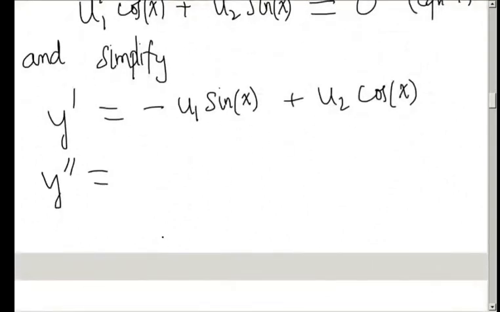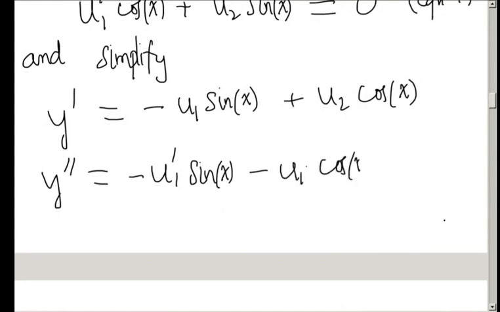We use the product rule again. So minus u1 prime sine x and then minus u1 cosine x plus u2 prime cosine x, and the derivative of cosine is negative sine, so we have minus u2 times sine of x.